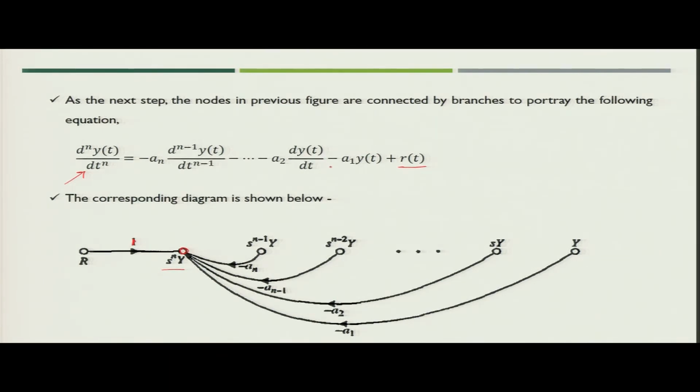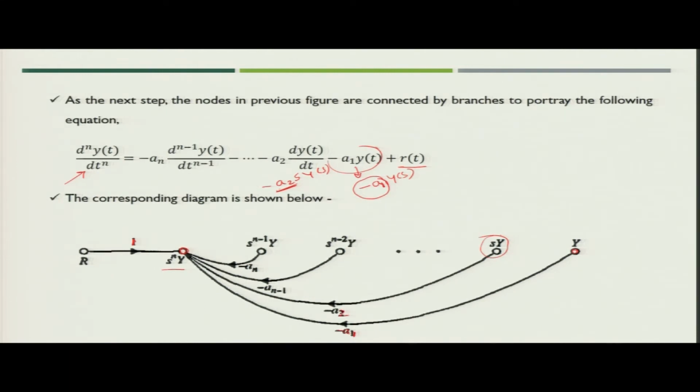Now, let us see this particular component. In the s domain you can write it as minus a_1 Y(s). The coefficient for this particular component is minus a_1, so you will connect Y with s to the power n Y with minus a_1. Similarly, for this you can write minus a_2 into sY(s). So, sY(s) you see here, and this is connected with s to the power n Y with the coefficient minus a_2.